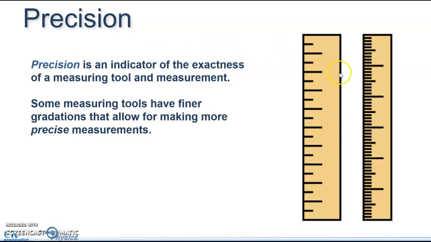And then also the graduation on the scale, we've sort of already talked about that, but you're going to get a more precise measurement with a scale or a measuring tool that has smaller graduations, or less space between the markings.